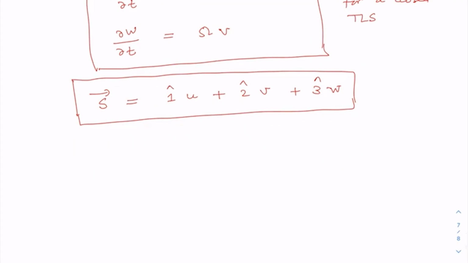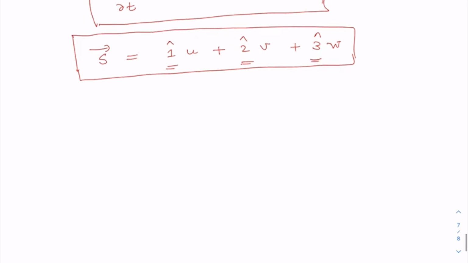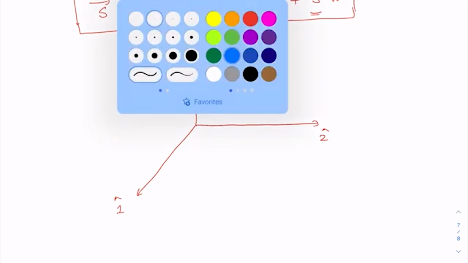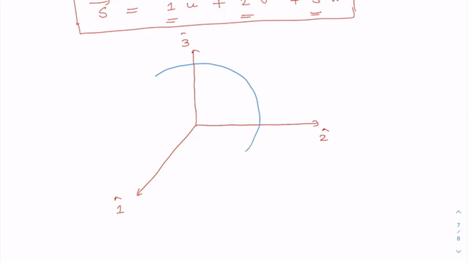These 1 cap, 2 cap, and 3 cap are unit vectors, and they are mutually orthogonal to each other in a fictitious three-dimensional space. Let us say vector 1 is directed along this direction, 2 is along this, and 3 is along this direction. Then I can draw a three-dimensional fictitious sphere, say like this.